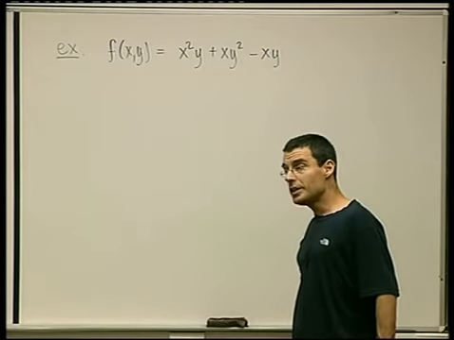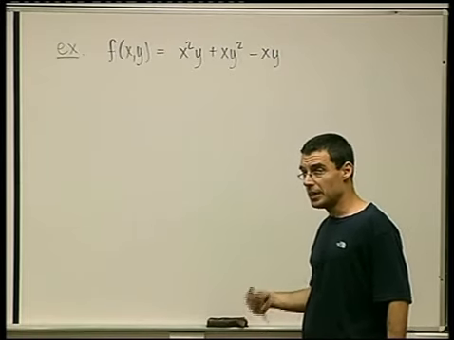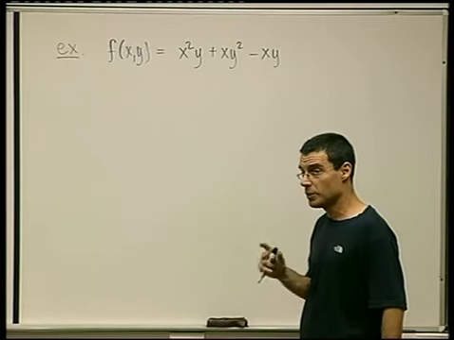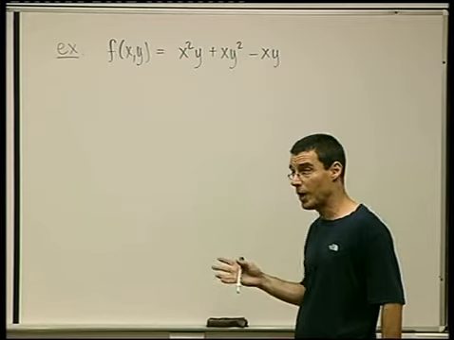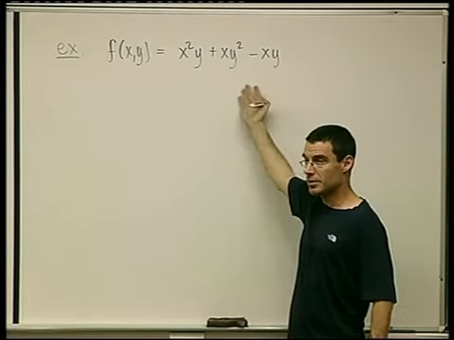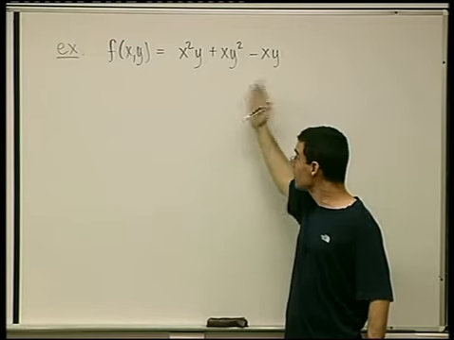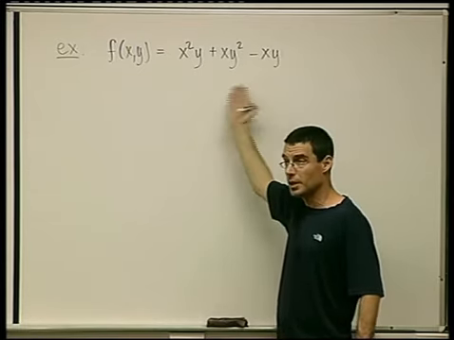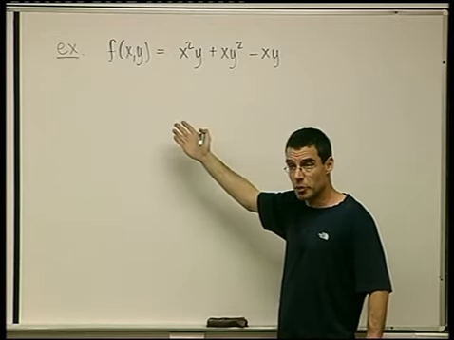Okay? Do you agree that local arguments, like the function-specific arguments we had for x to the power 4 minus y to the power 4, are already too messy here? Do you see that? The x's and y's appear in too many places, even though it's a very, very simple function in terms of the formula.